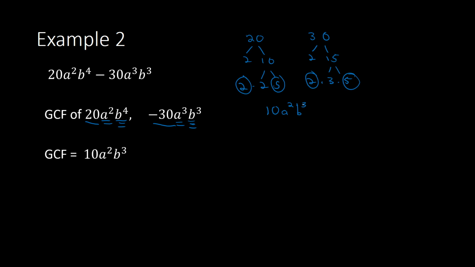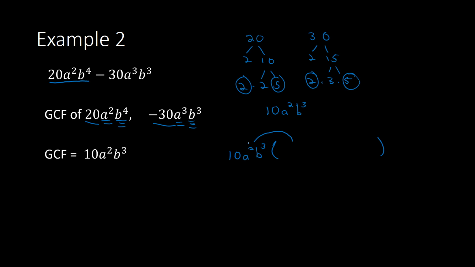And now the question is, what do we do with that information? Well, we're going to pull that out of the original expression. So we have 10a squared b to the 3rd, and now we pull it out, and we're left with something in parentheses. So to find what's left in parentheses, we think backwards, distributing. So 10a squared b to the 3rd times what would give me this first term of 20a squared b to the 4th?